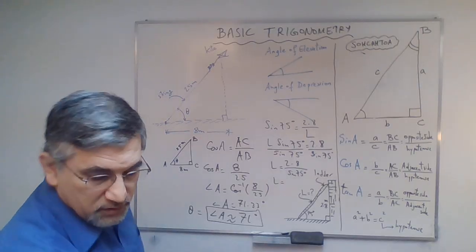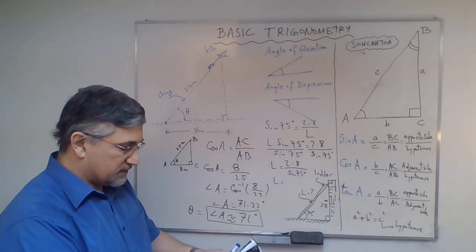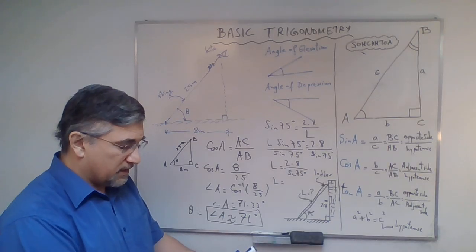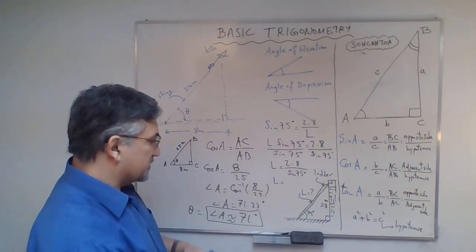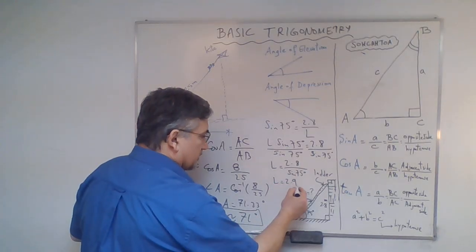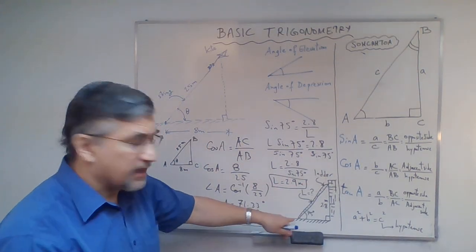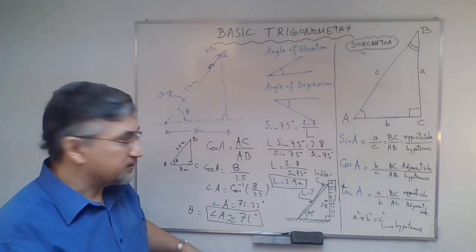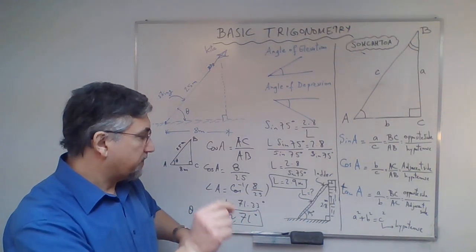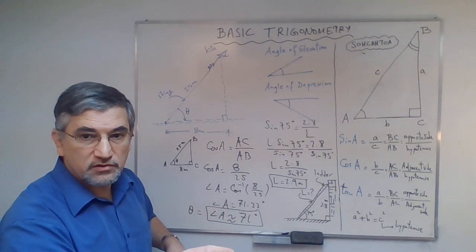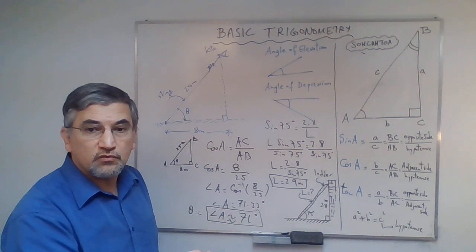All we need to do is use a calculator and divide 2.8 by sine of 75 degrees, and whatever answer we get, 2.9 on the calculator, will be the measure of L, the length of the ladder. So we write: the length of the ladder is 2.9 meters. A final closing statement, or paraphrase in your own words, to answer the word problem.